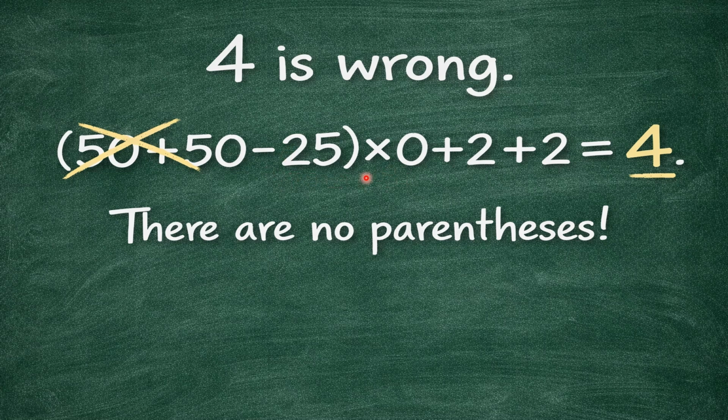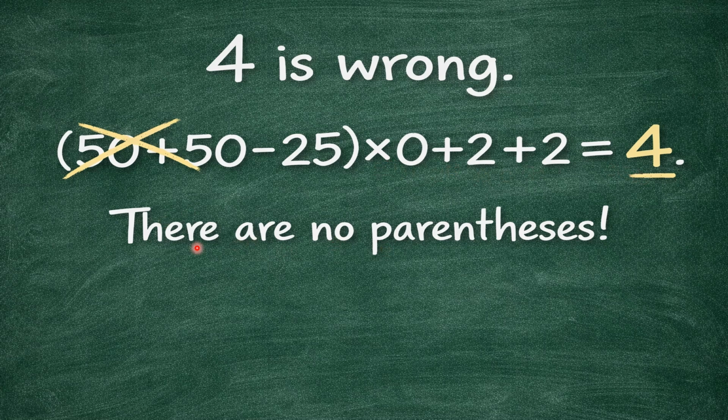The first thing we do is 25 times 0. But if you wanted the answer to be 4, you would have to put 50 plus 50 minus 25 inside of parentheses like this, and then it would be 50 plus 50 is 100. 100 minus 25 is 75. 75 times 0 would be 0. Then it would be 0 plus 2 would be 4.